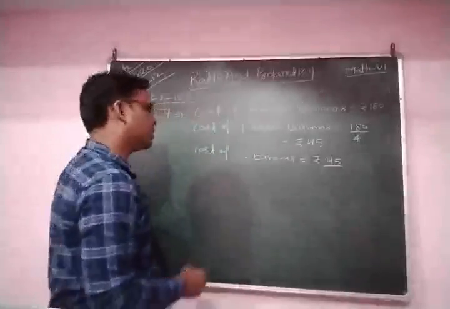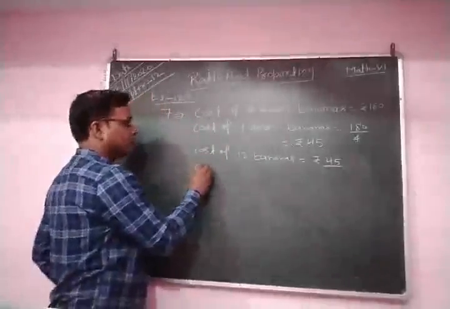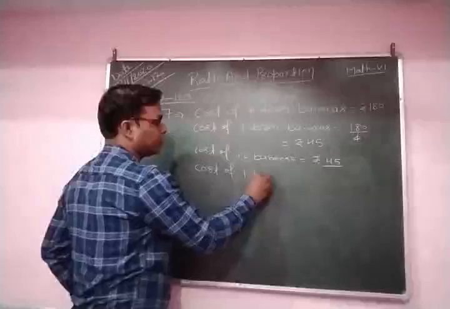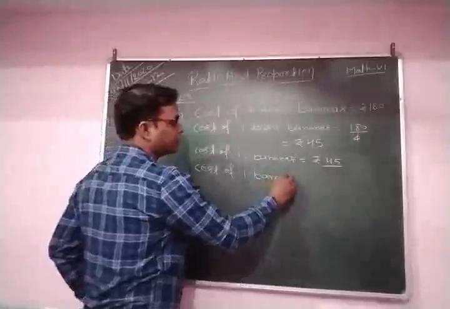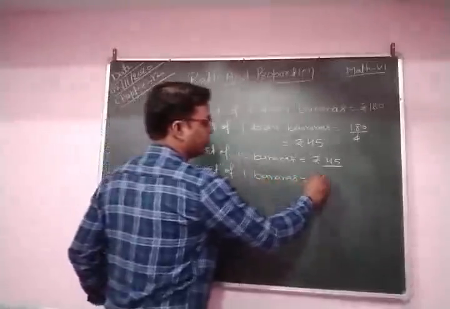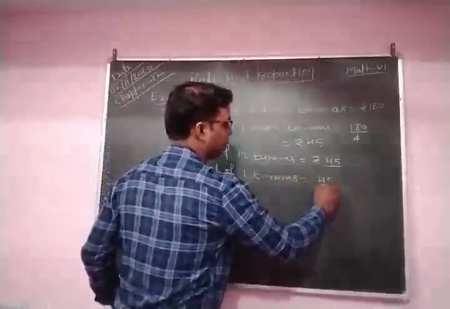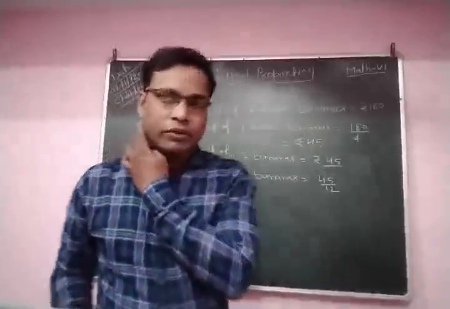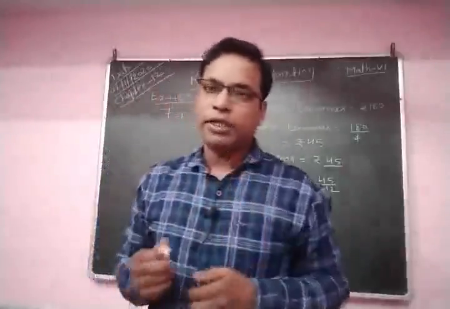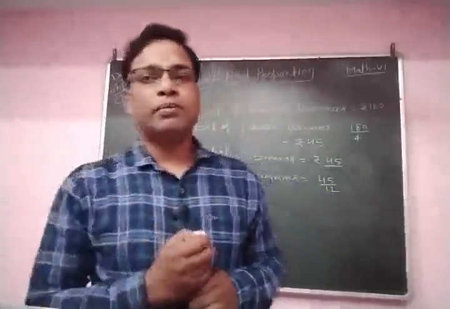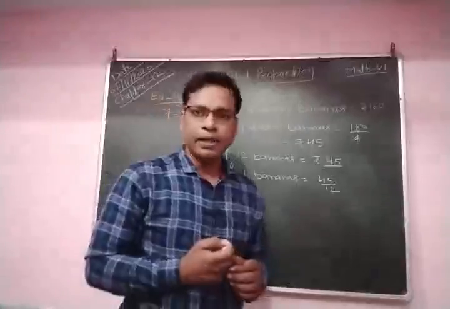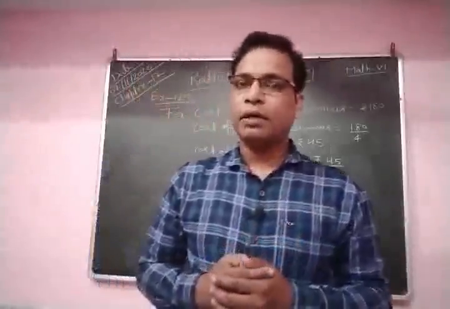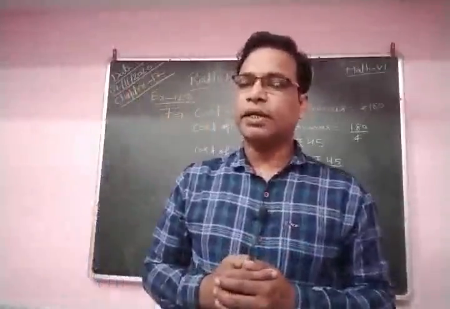So here you find the cost of 1 banana. The cost of 1 banana is equal to 45 by 12. Clear? The cost of 1 banana is equal to 45 by 12, because in this question it is given that the cost of 4 dozen bananas is 180 rupees.